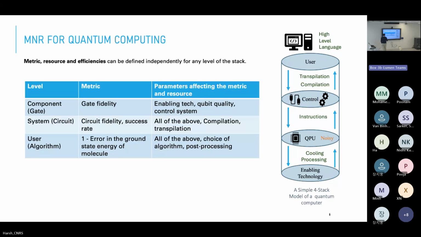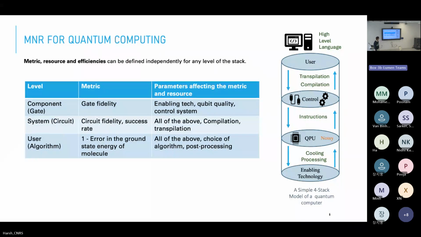Again, there are trade-offs. The more energy you invest, or the better the compilation or transpilation that you do, or you implement some quantum error mitigation techniques, you can increase the circuit fidelity, but it comes at the cost of investing more energy.